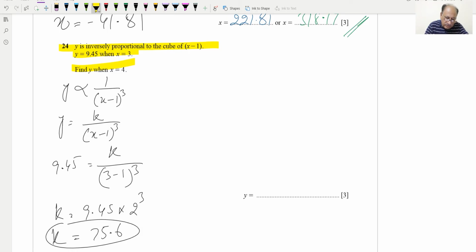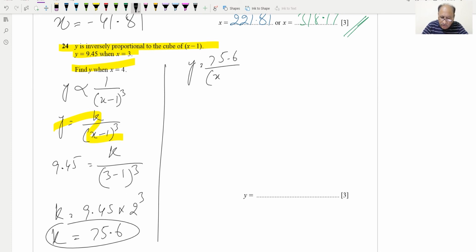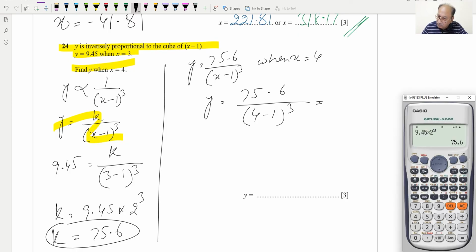So our equation will be what? This equation will be y is equal to 75.6 over x minus 1 cubed. So when x is equal to 4, y will be equal to 75.6 over 4 minus 1 cubed, and we can use the calculator.